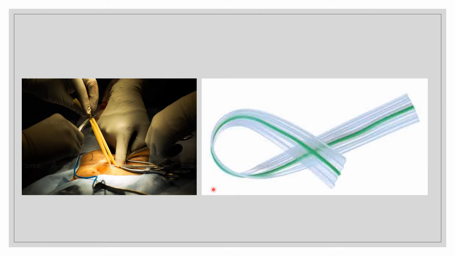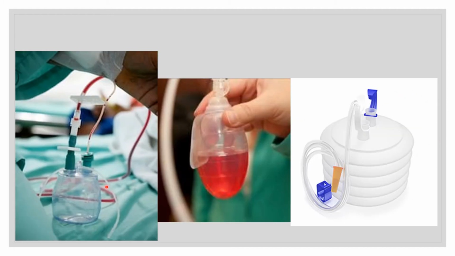This is a corrugated drain, this is a Penrose drain. These are pictures of active drains. You can see these are all closed drains. We use negative pressure or suction to create a vacuum-like effect so that the fluid is sucked out into the cup. This is the most common drain that we use.